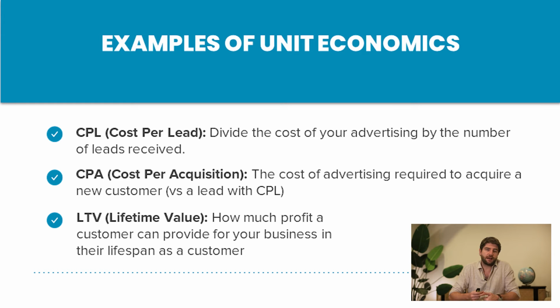Another KPI is cost per acquisition, the CPA. This is the cost of advertising required to acquire a new customer, a lead that actually converted to a customer. So the difference between CPL, cost per lead, and CPA, cost per acquisition, is that one is just a lead, whereas CPA is an actual customer that bought from you.